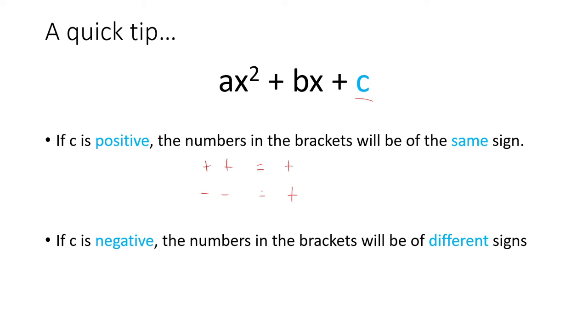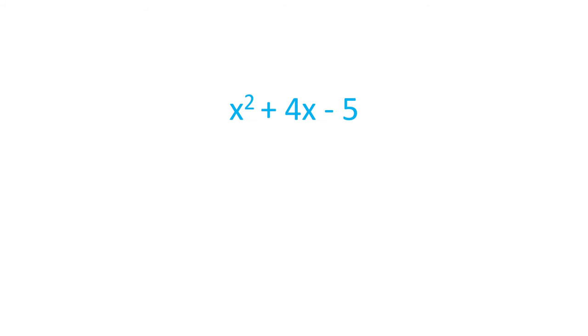So if this c term is positive, we would have two positives, or two negatives. And likewise, if this c term at the end was negative, we have to have one of each. A positive and a negative, which will give you a negative, or a negative and a positive, which will give you a negative. So that's a quick tip on thinking about how you're going to generate those two numbers.